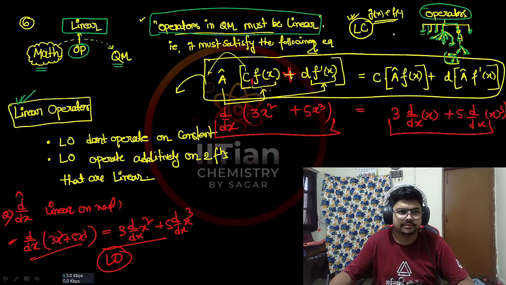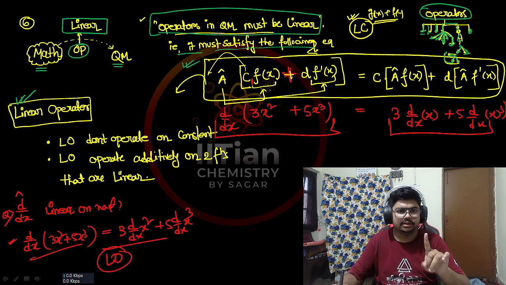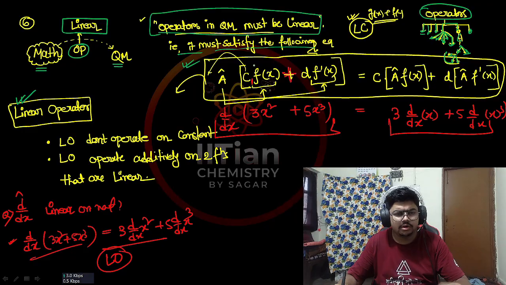And this is the sixth one. The sixth property says operators in quantum mechanics must be linear, that is, they must satisfy the following condition. If an operator follows this condition, only then will we call it a linear operator. What is the condition? Let's understand it.